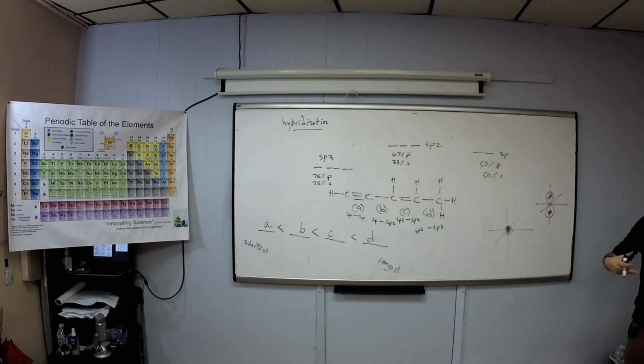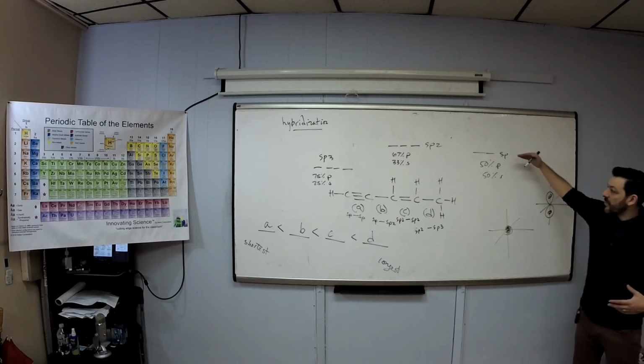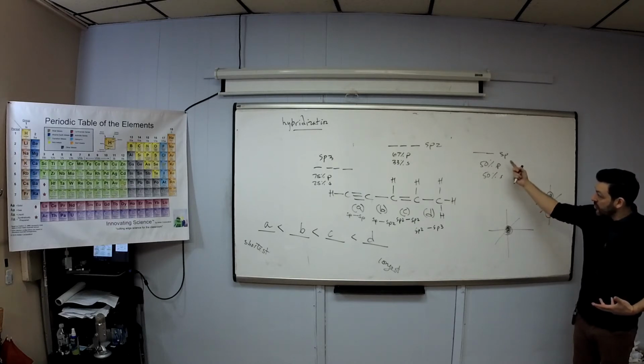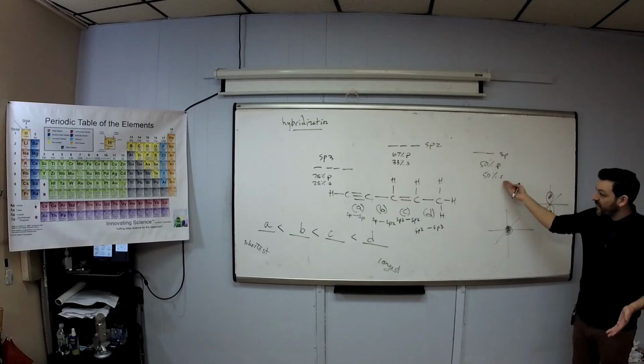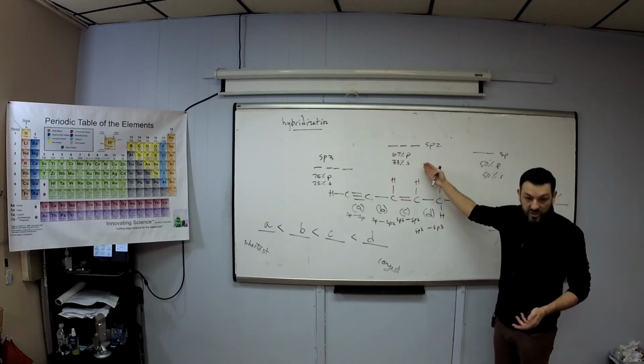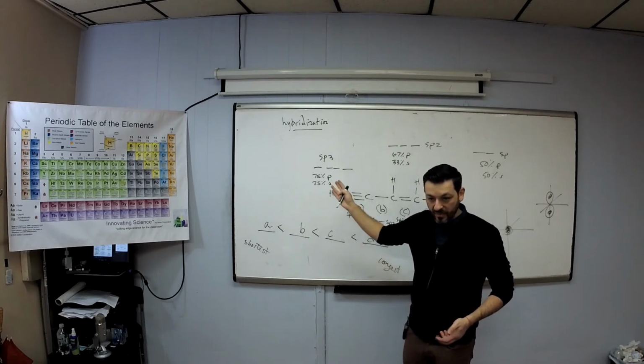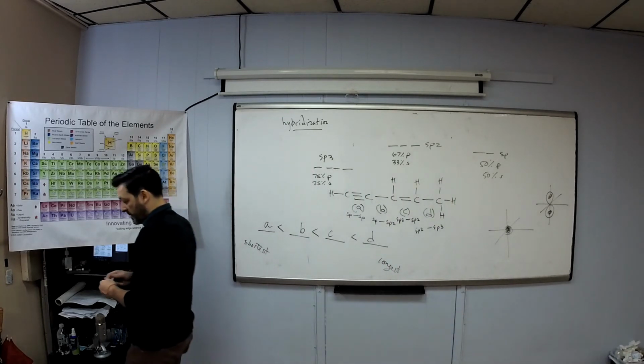So S means closer to the nucleus. And any hybrid orbital that's got a bigger percent S means that the electrons are closer to the nucleus and more stable. So this has electrons closer to the nucleus and more stable because it's 50% S. Then it's this one that's 33% S. Then it's this one that's 25% S. You follow this?